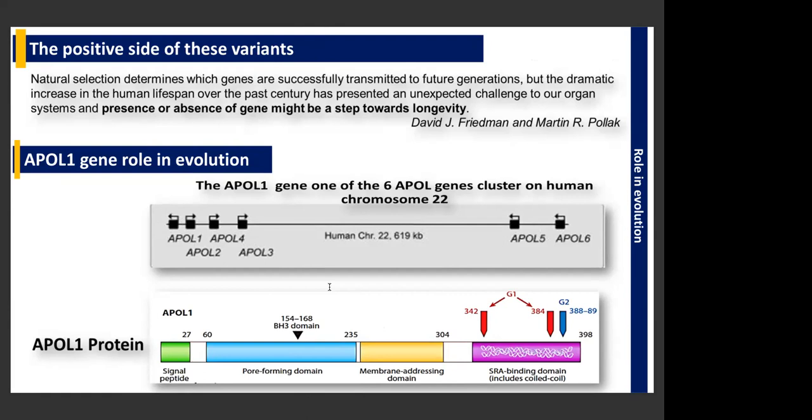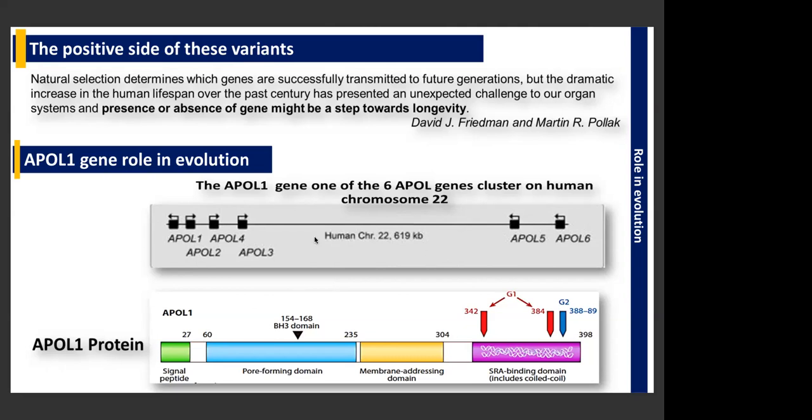But the dramatic increase in human lifespan over the past centuries has presented an unexpected challenge to our organ systems, and the presence or absence of a gene might be a step towards longevity. They have said that this APOL1, which has been evolving and helping humans to evolve, might have some role in kidney function.